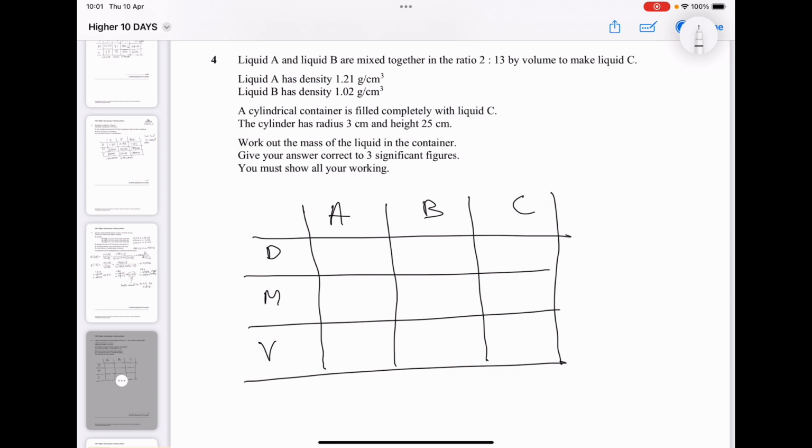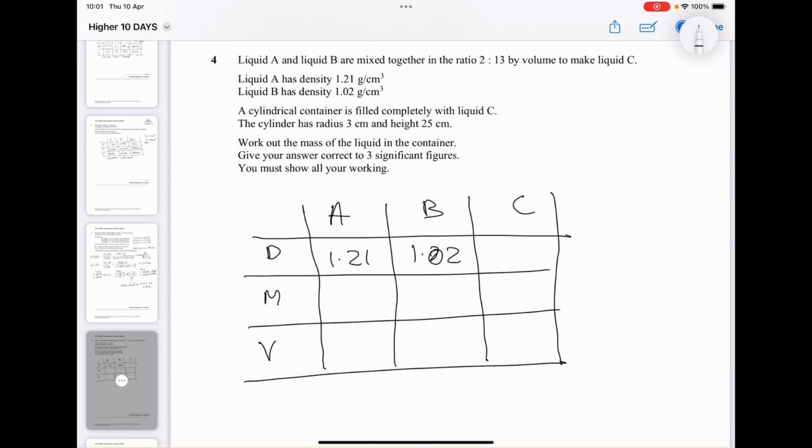Density of A is 1.21, density of B is 1.02. Right, so liquid A and B are mixed together in the ratio 2 to 13 by volume to make liquid C. So now I've got to look at the volume.